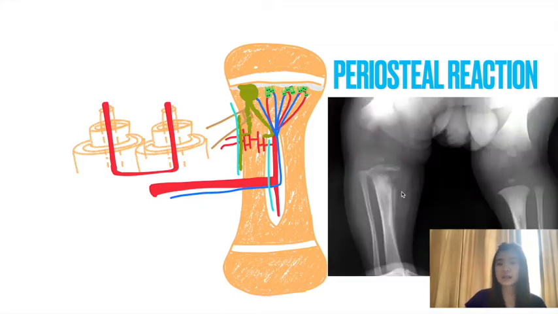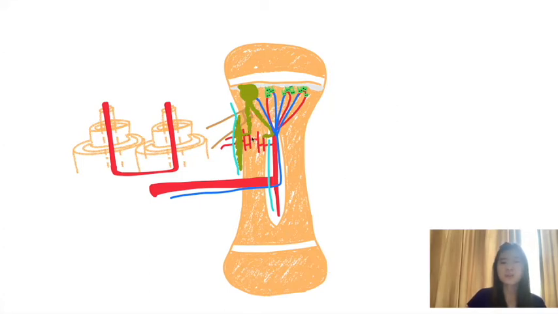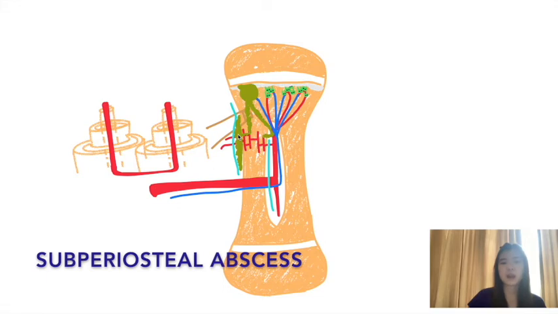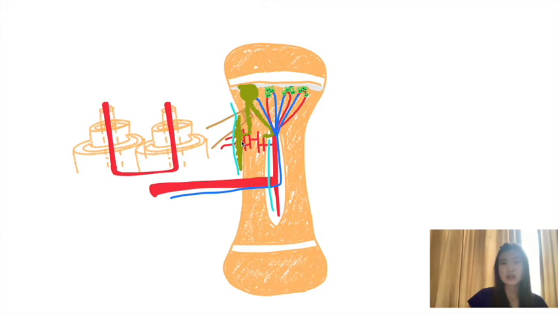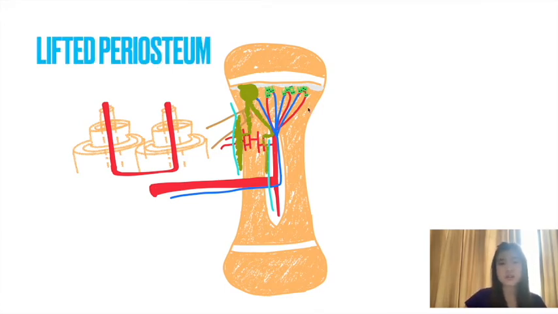The pus always goes there, pushing forward the periosteum, and that's why it's lifted. It also goes to the endosteum and makes this appearance of lifted periosteum.